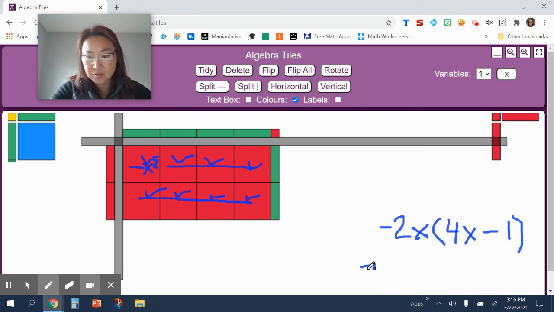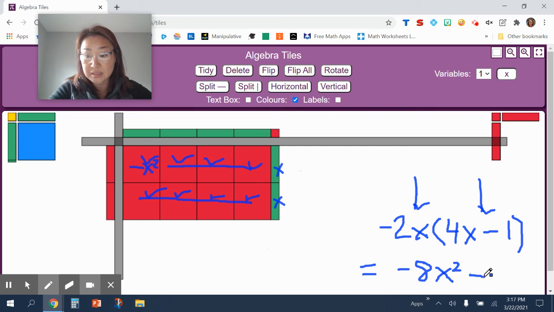So my answer to this monomial times a binomial will give me negative 8x squared. And then notice I have an x here, and it's a positive, and then here's another x. So that gives me plus, negative times a negative is positive, 2x.